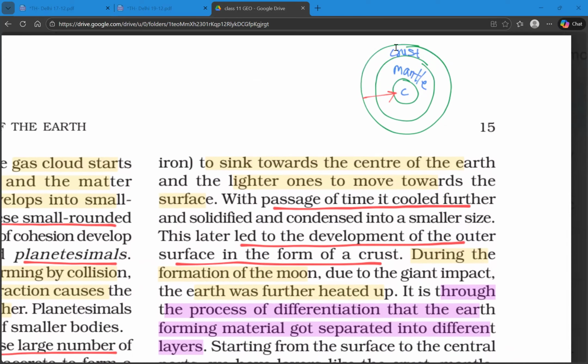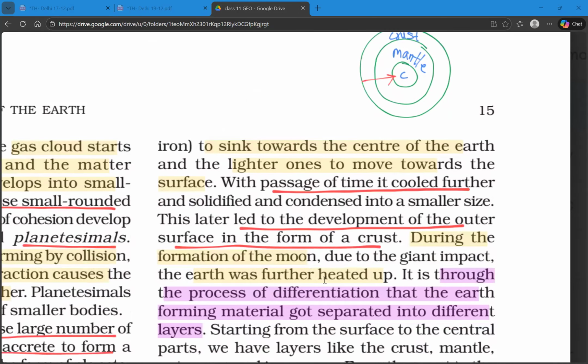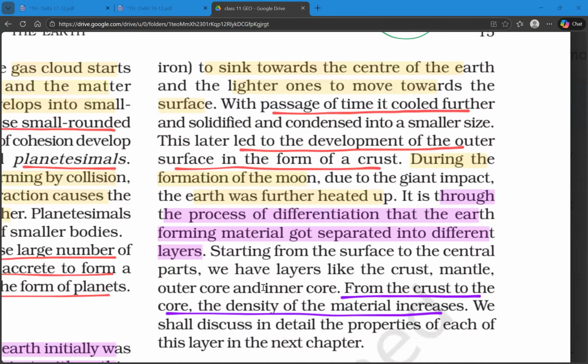Starting from the surface to the central parts, we have layers like crust, mantle, outer core and inner core. From the crust to the core, the density of the material increases.